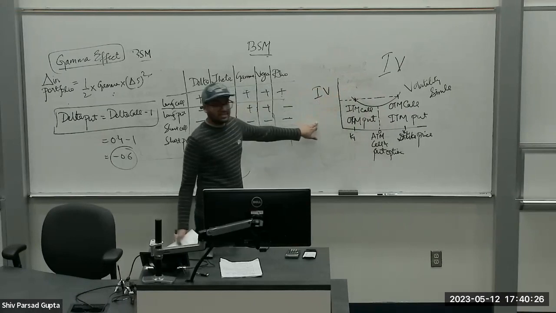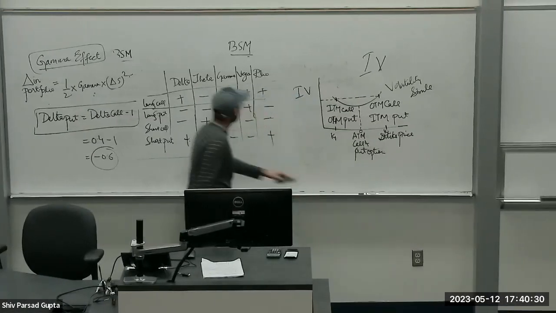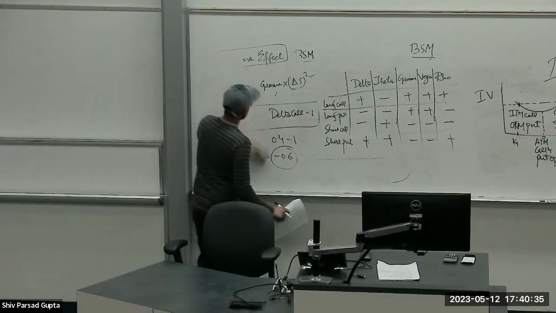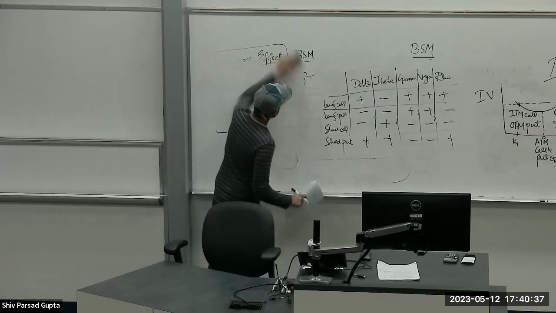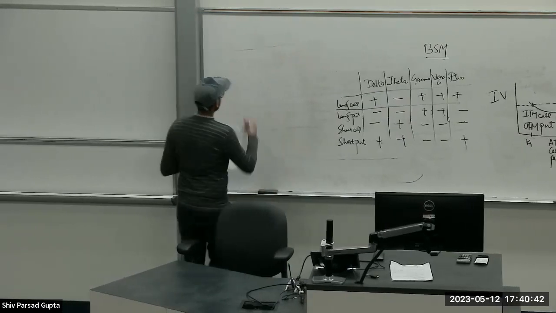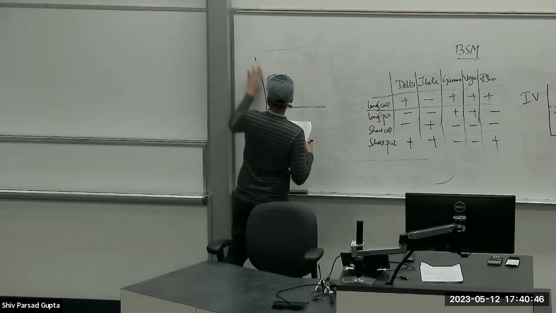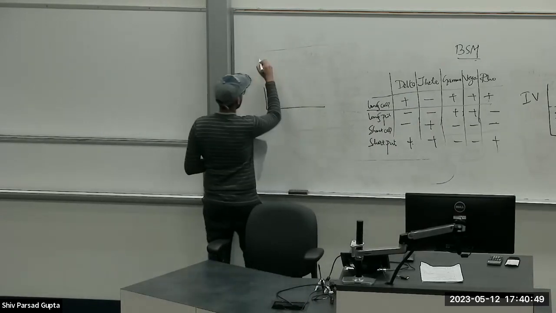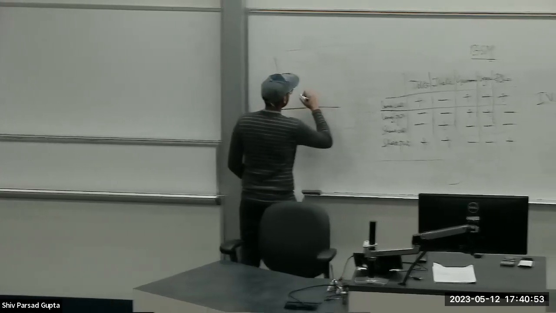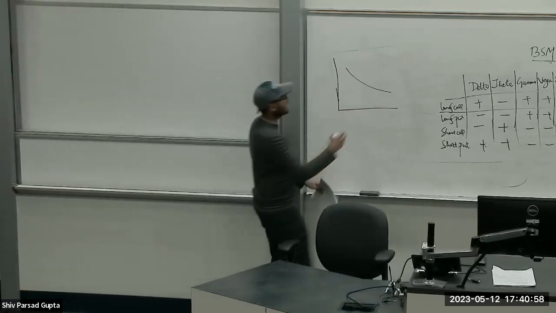What we normally see is volatility skew. So if we look at the volatility skew, you can have this. So this is basically volatility skew.